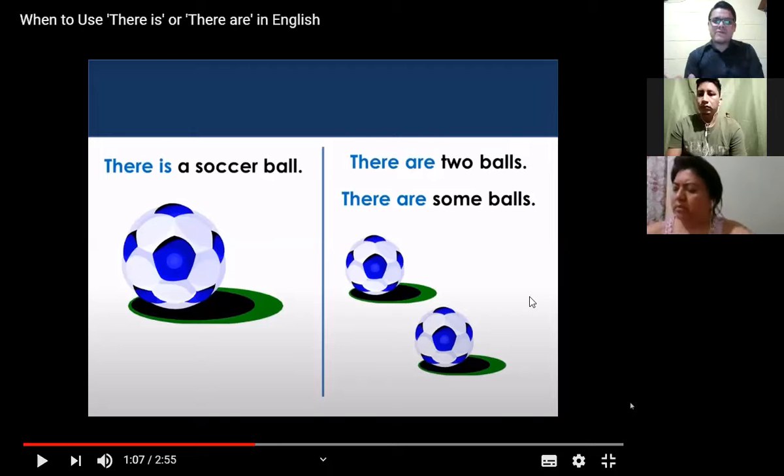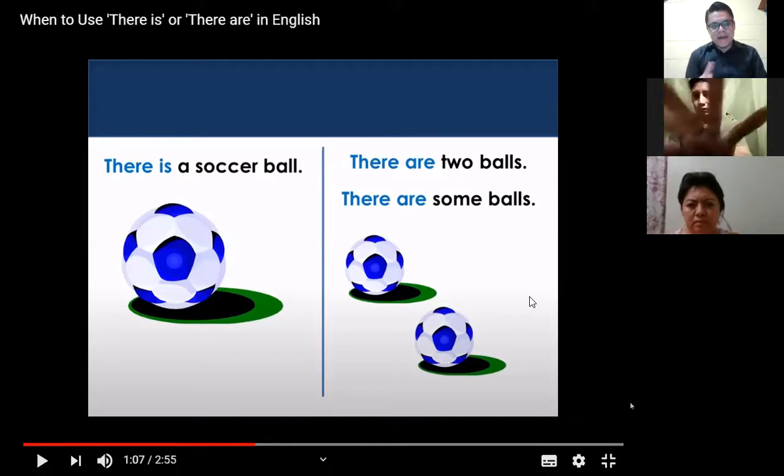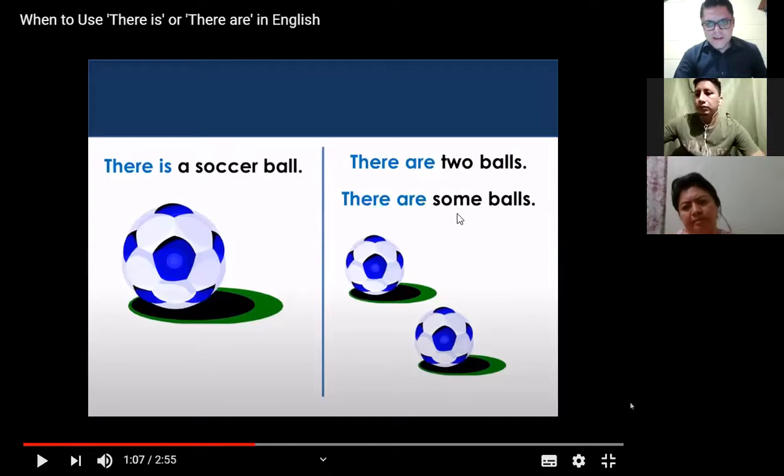You can specify the number of items you have, or if it is kind of impossible for you to count them all, you can use this word, some. You can say, okay, there are some balls. In this case, you're not being specific, right?